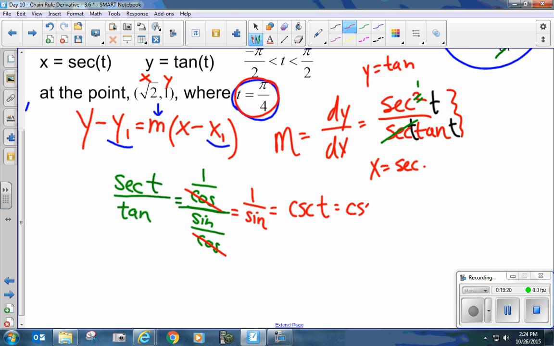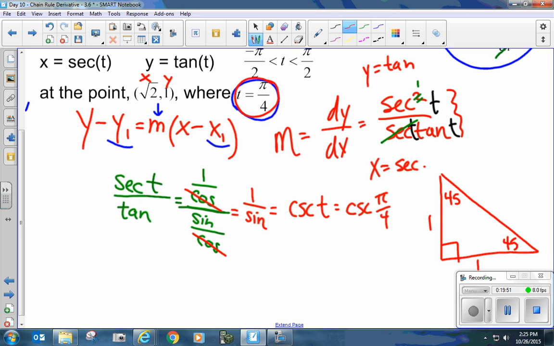So they want the cosecant of pi over 4. That's basically 45 degrees, people. And if I know the value of the sine of 45 degrees, how am I going to know what the cosecant of 45 degrees is? It's just a reciprocal, right? They're just flips of each other. Watch everybody. 45, 45, 90.